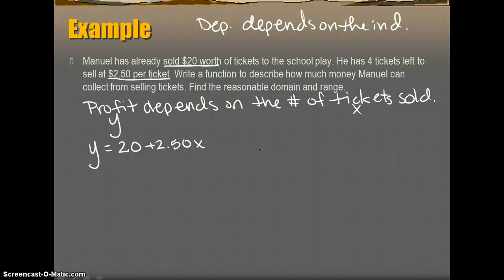We now would rewrite y is equal to 20 plus 2.5x as f of x is equal to 2.5x plus 20, because the 20 is considered a constant term, as in it's already been found.